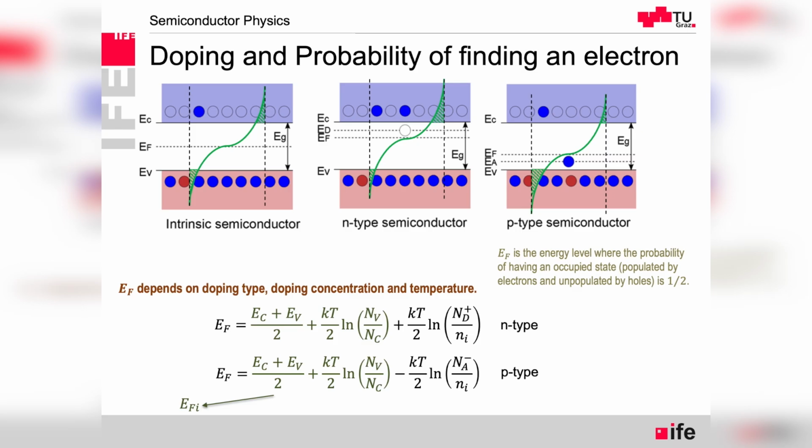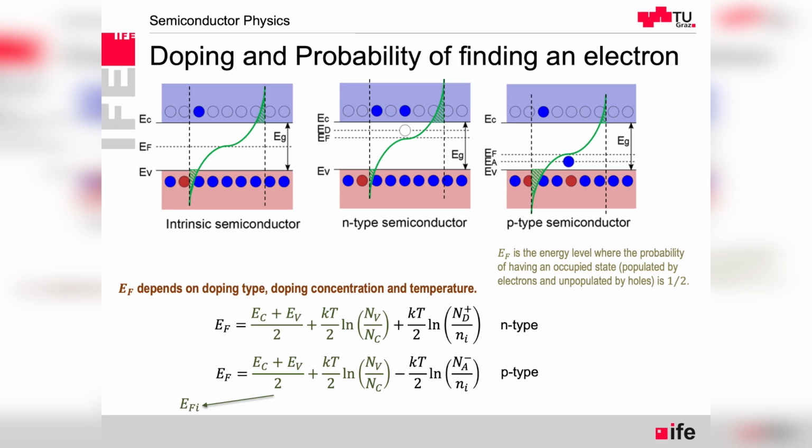When we increase the temperature, the n-type semiconductor will look more and more like the intrinsic semiconductor, because there are more thermally generated charge carriers, which will approach the concentration of the donors. So the Fermi level is decreasing.